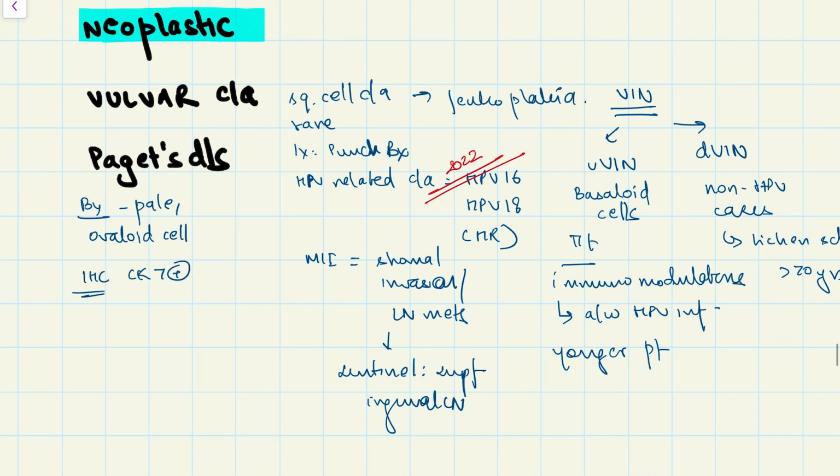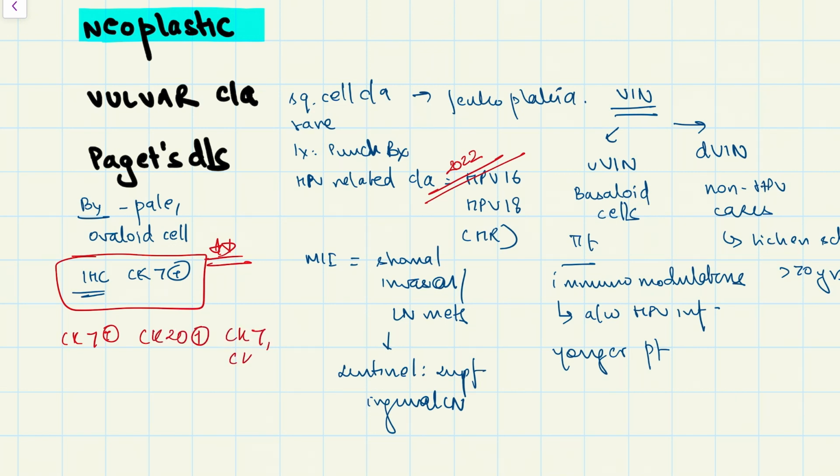This is very important. You should know everything about CK7 positive tumors, CK20 positive tumors, CK7 and CK20 positive and both negative. There is a list for all these. For treatment, wide local excision is done. So this completes the vulval pathology.